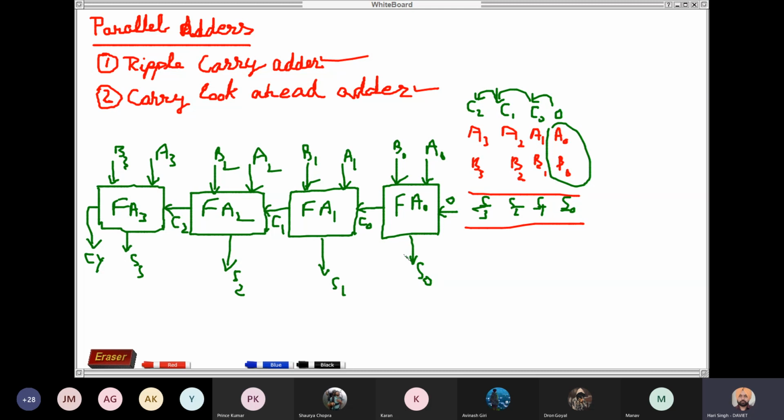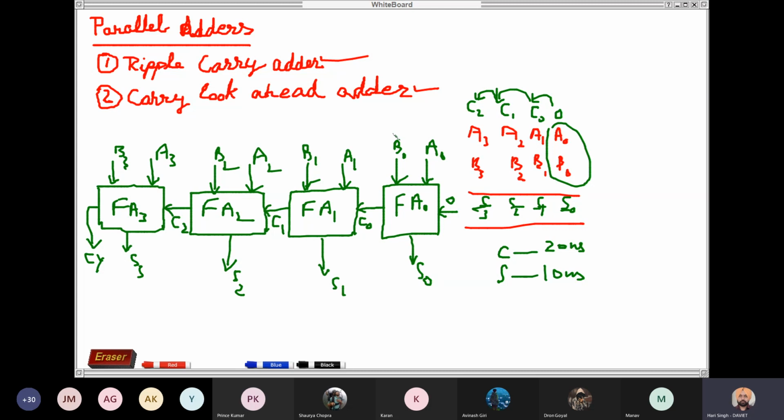Okay. So every full adder needs a time to generate the carry and to provide the sum. For example, each adder circuit needs a time of say 10 nanoseconds to provide the sum bit, and say 20 nanoseconds to provide the carry bit to the next full adder.